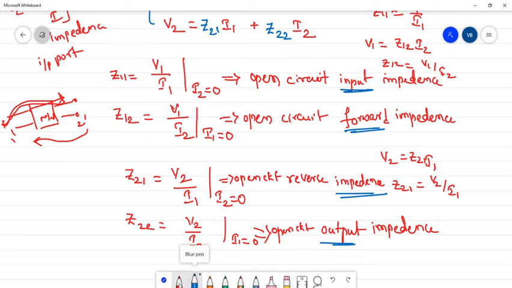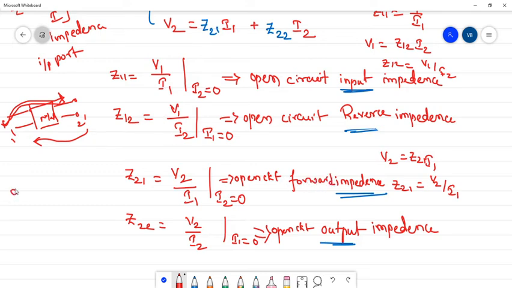Just a small correction. Previously one girl told this is reverse impedance and this is forward.